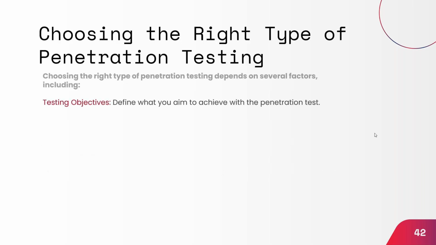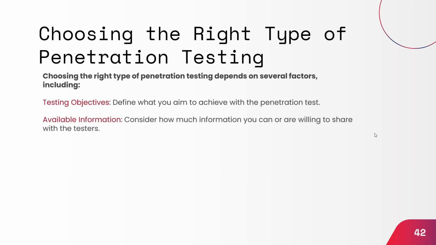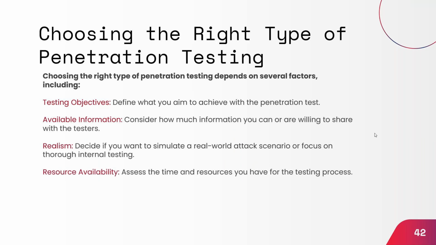So which one to choose, right? Choosing the right type of penetration testing, of course, depends on their objective, right? If the objective is very clear, maybe if, let's say, white box testing is already done.